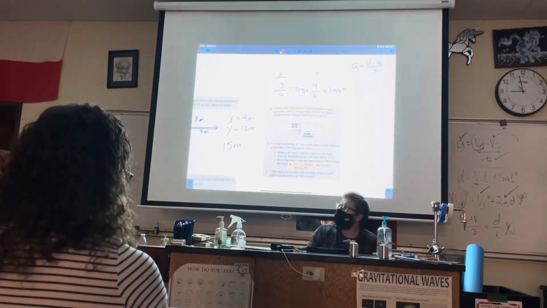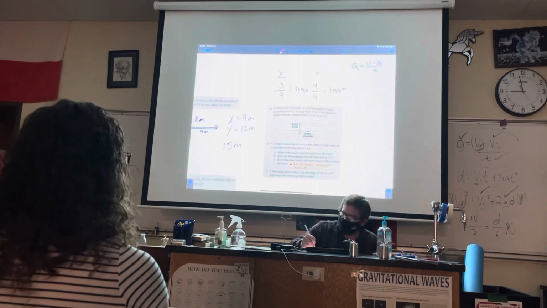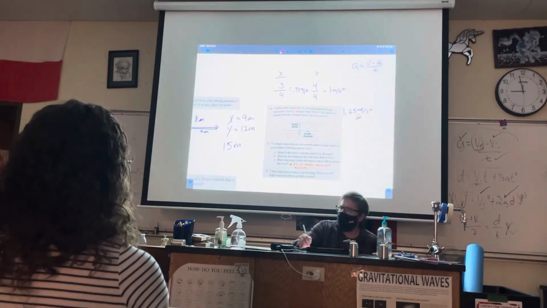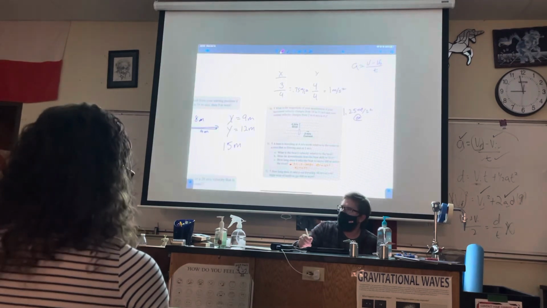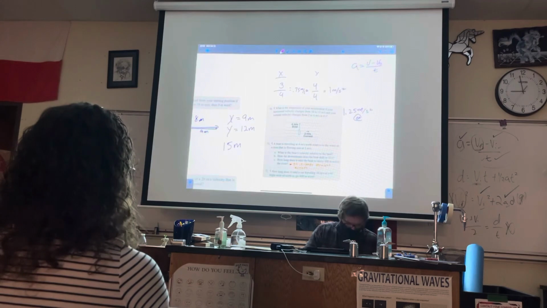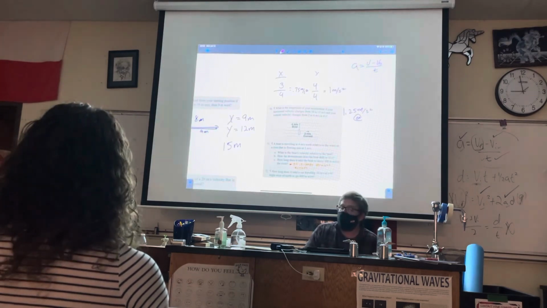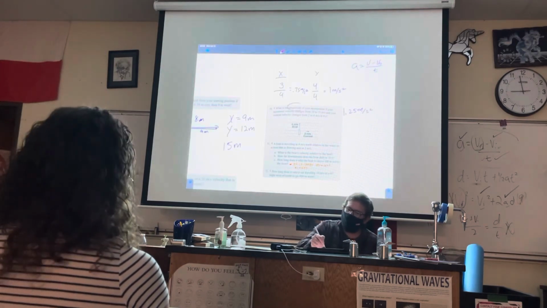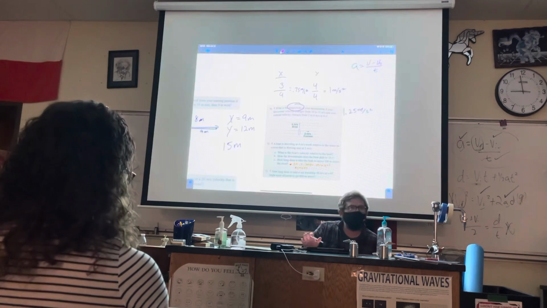What is it? 1.25. So it'd be 1.25 meters per second squared, and then you have to find the angle. Y'all didn't find the angle. Oh, it does say the magnitude. Since it says the magnitude, you don't have to find the direction. If you just see the word magnitude there, it doesn't say magnitude and direction, you can stop there.